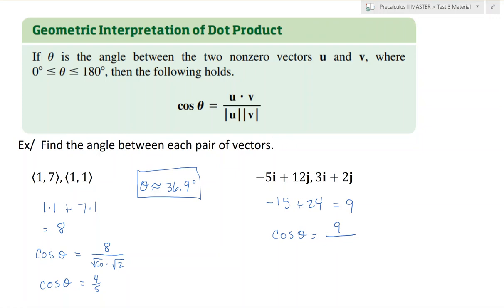Now the magnitudes: 25 plus 144, that's going to be the square root of 169. And 9 and 4 is 13, so the square root of 13 is there. And you could just put this into your calculator with the inverse cosine, and your theta is about 78.9 degrees.